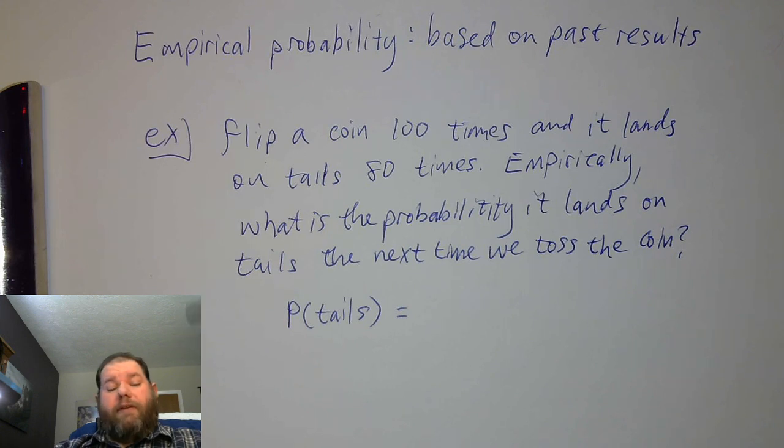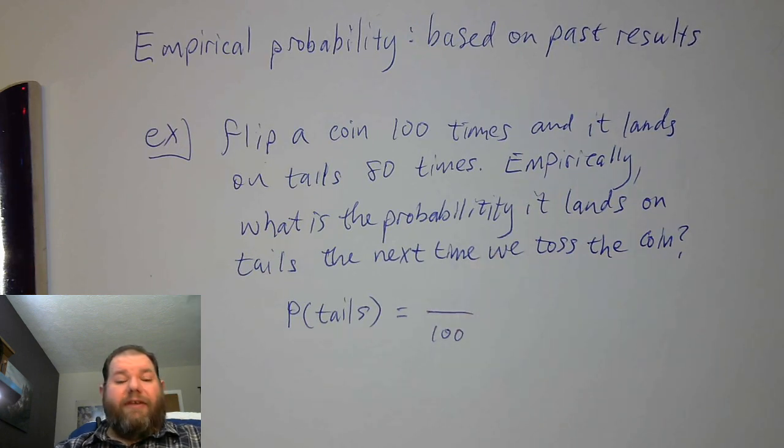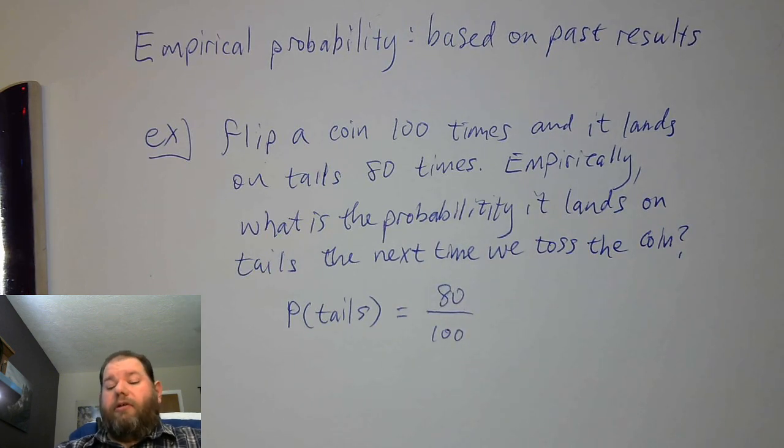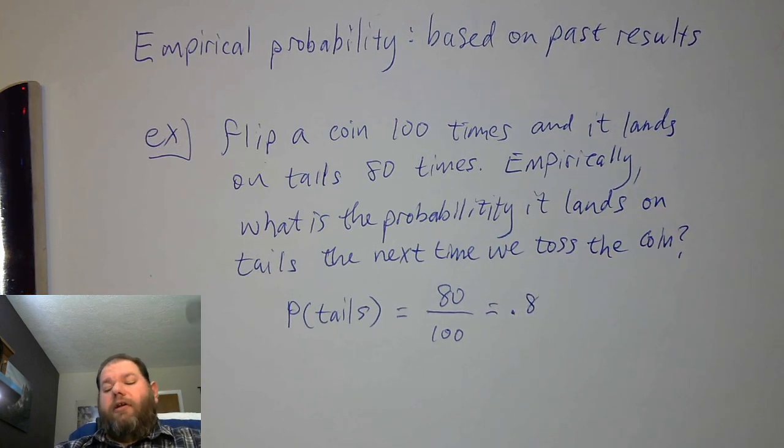Well, in this case, if we're basing it on our observations, we take the previous results: we flip the coin 100 times and it lands on tails 80 times. We take the total number of trials, which is 100. That's our denominator, and then the number of successes on the numerator. So 80 out of 100. So we would say that there's a 0.8 probability, or 80% probability, that this particular coin lands on tails the next time we toss it.